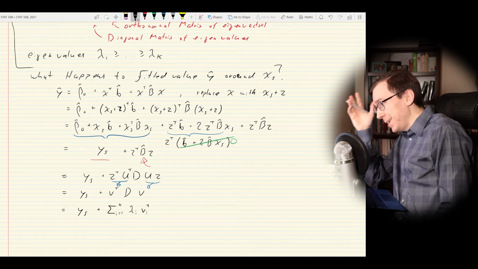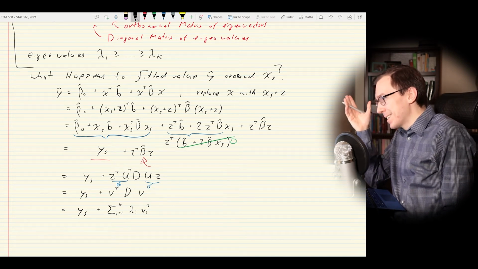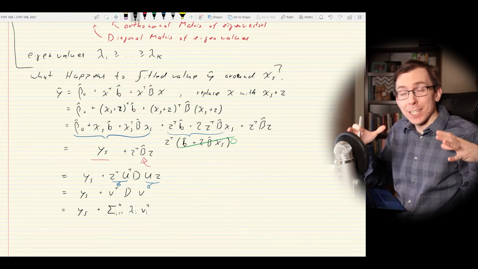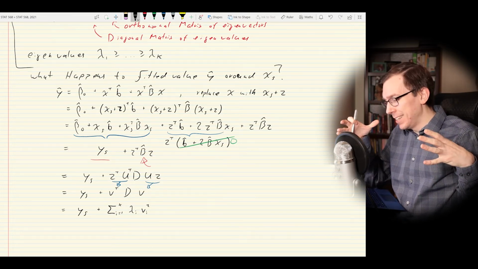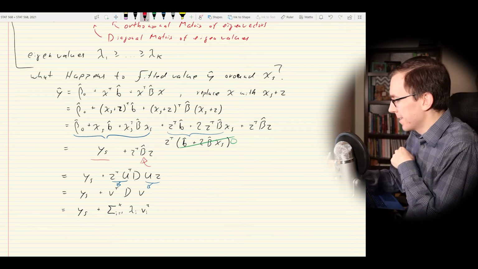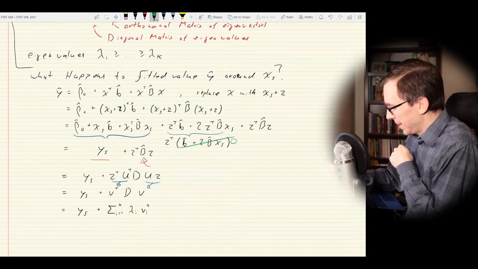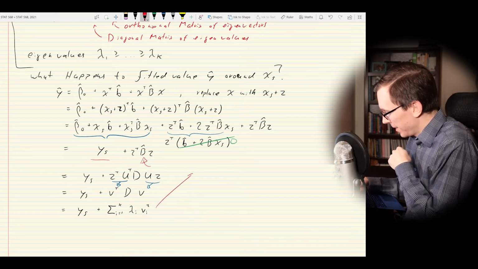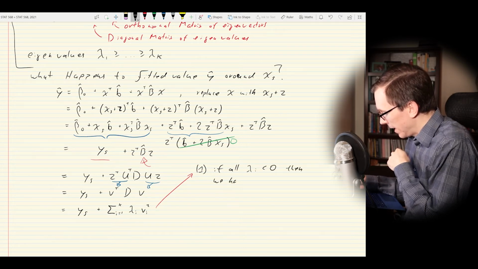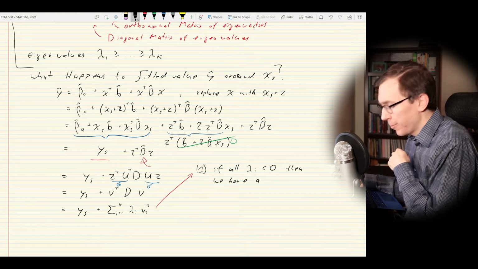So what does this mean? Well, what this means is that the eigenvalues lambda are going to tell us what the surface looks like around the stationary critical point. So what this means is a couple things. One, if all lambda i are less than 0, then we have a what?